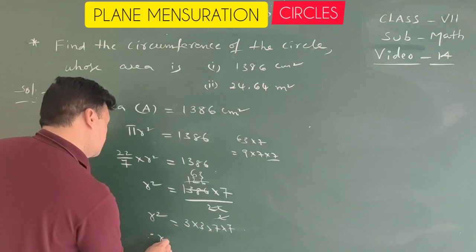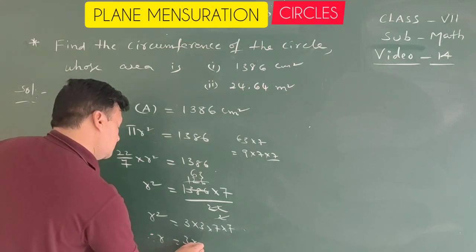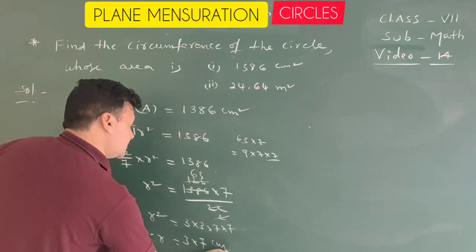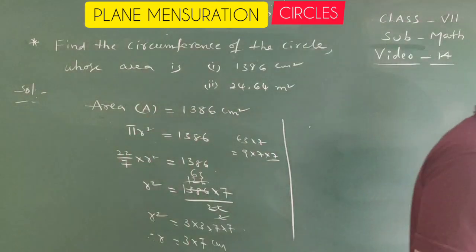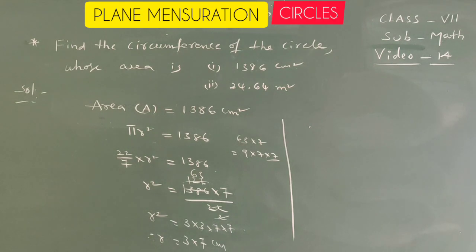R equal to 3 into 7 centimeters, that is 21 centimeters. Okay, R is 21 centimeters.